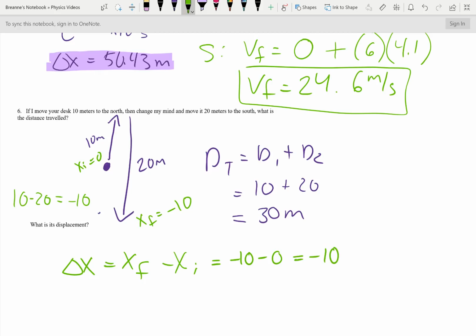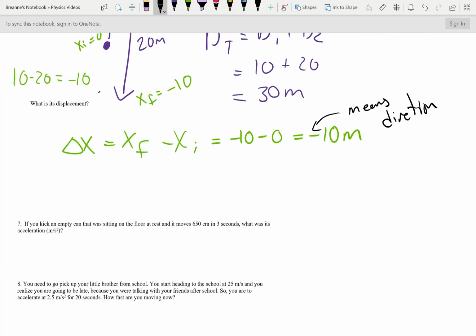So your answer is -10 meters. That negative just means direction. So I ended up putting your desk 10 meters south from the original position.